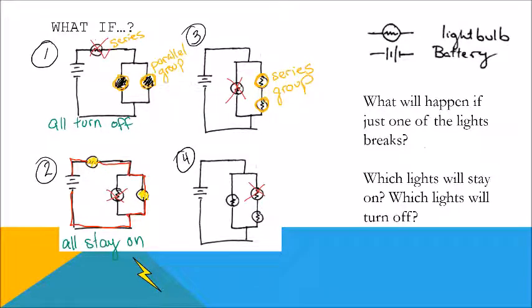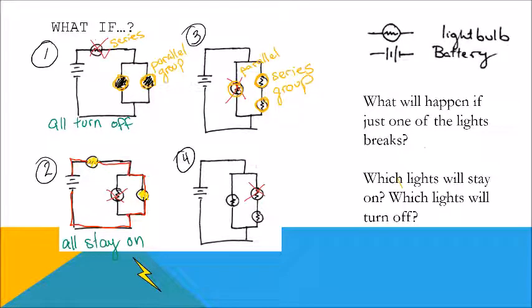How is the single light bulb on the left connected to the series group on the right? Are they connected in parallel with each other, or are they connected in series with each other? This light bulb is connected in parallel with the series group.